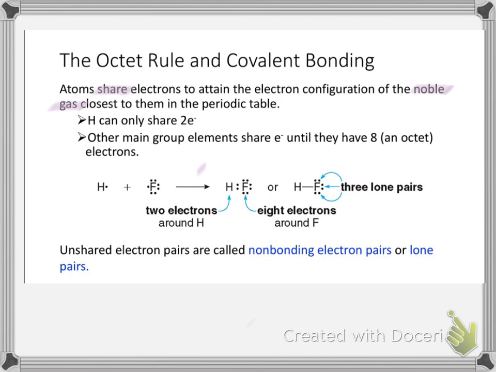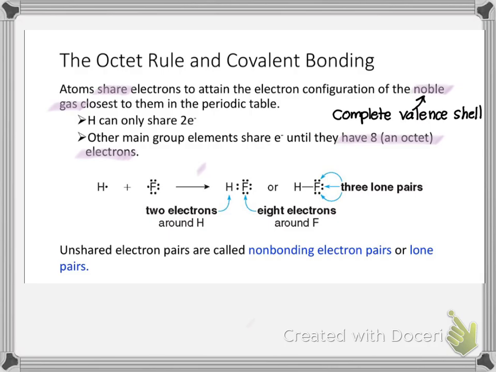They like the noble gases because they have a complete valence shell, and that's very stable. And we think of it as the number 8 because that's what the complete valence shell is.